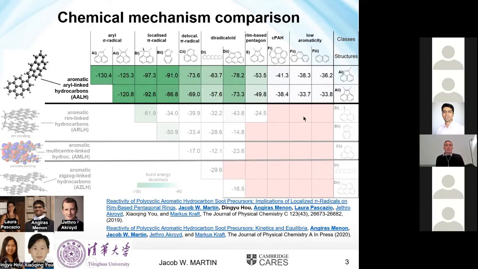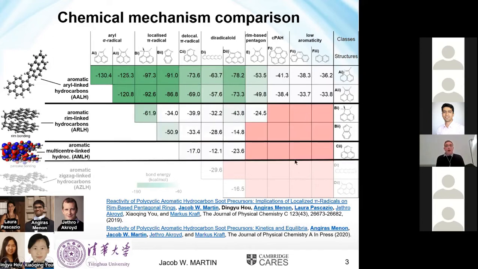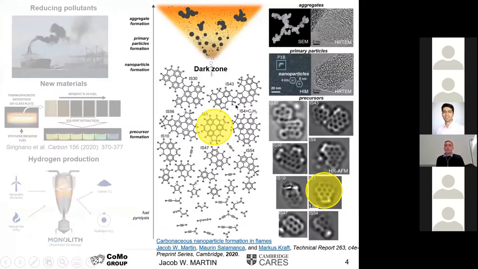I think the most interesting thing we found is that the pi radicals are not all the same. We found that there are some specific pi radicals that are highly reactive and form these stable bonds, which was quite surprising. So let's go into a little bit more detail about them.